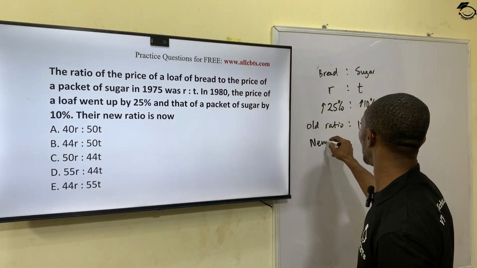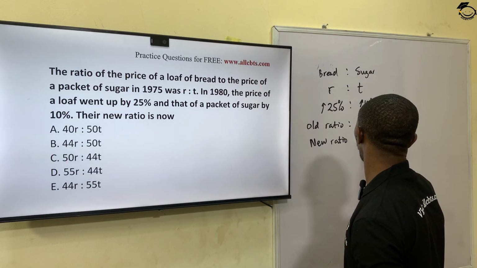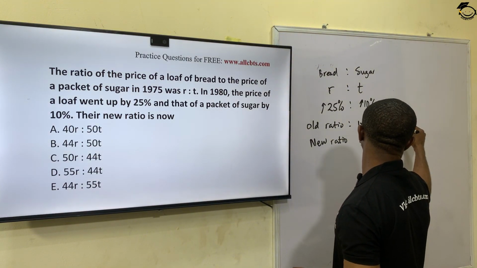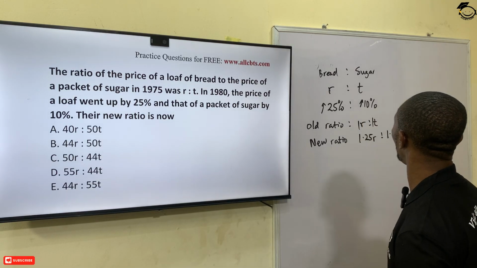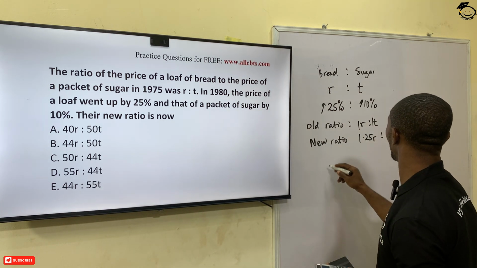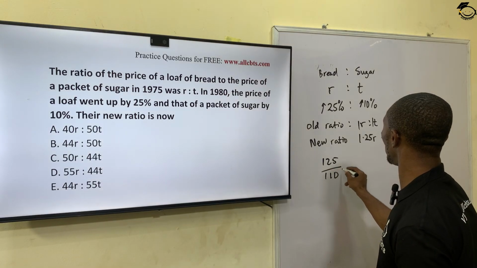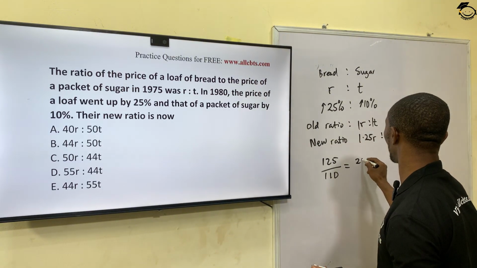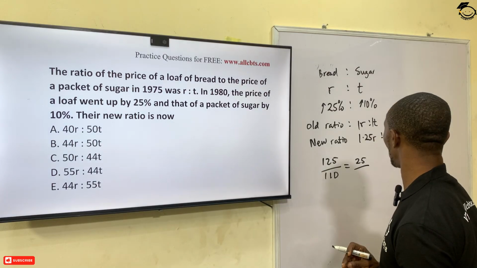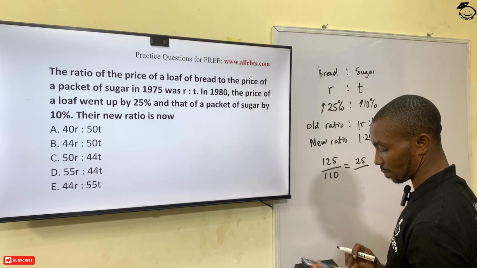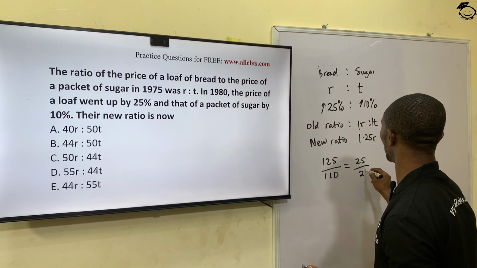So the new ratio will be 1.25 R is to 1.10 T. Now breaking this down to its lowest term, let's say 125 over 110. 5 would give us 25 all over 110 would give us 22.